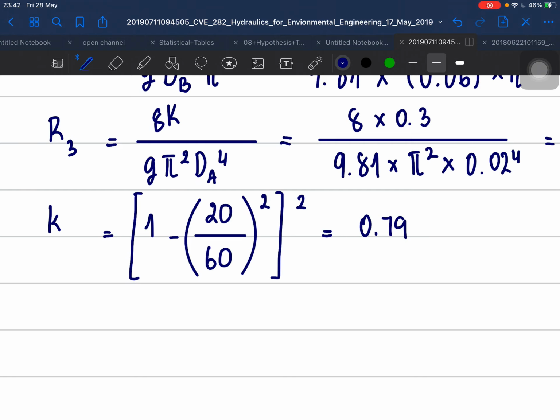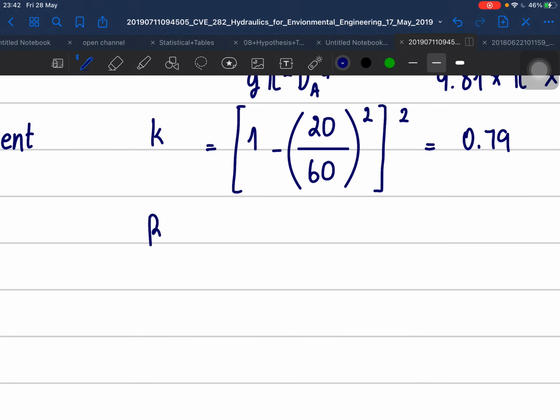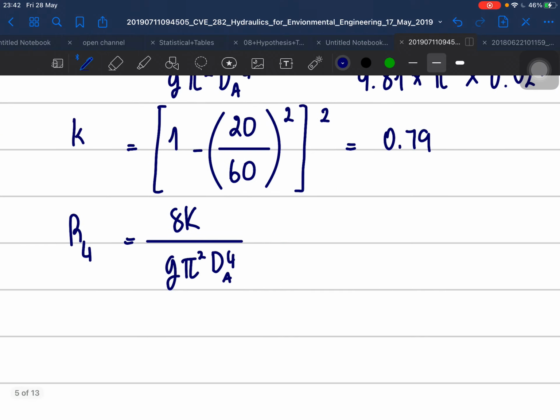Okay, so now we can compute the resistance R4. It's equal to 8k over G pi squared D4. It's still A. No matter what, it's still A, even if it's already contracted. If it has already passed through the contraction of the pipe, we still use the diameter of A.